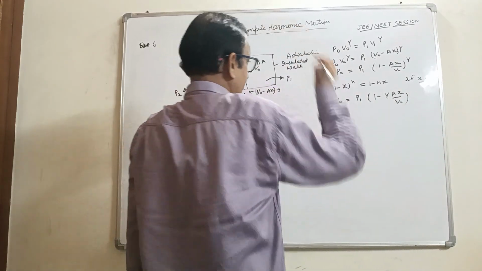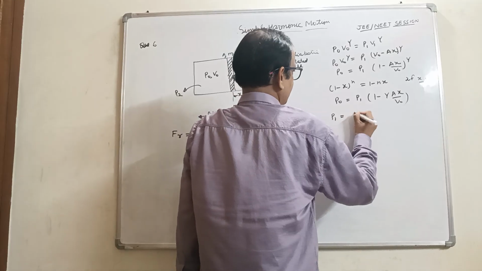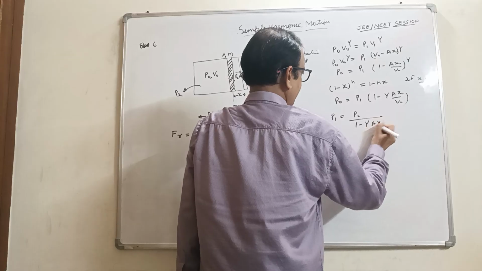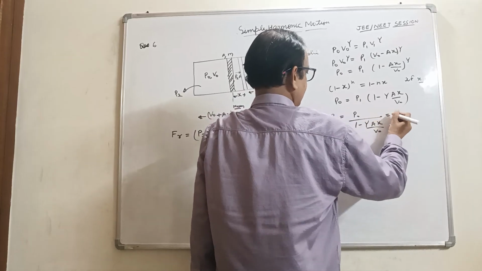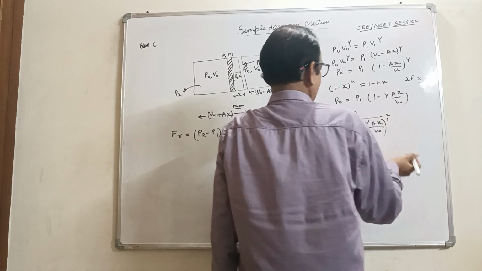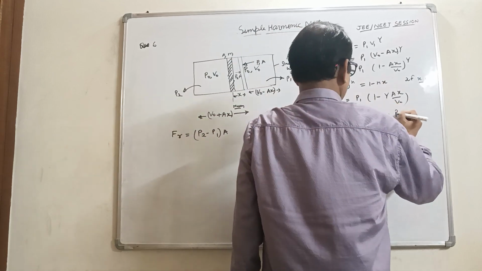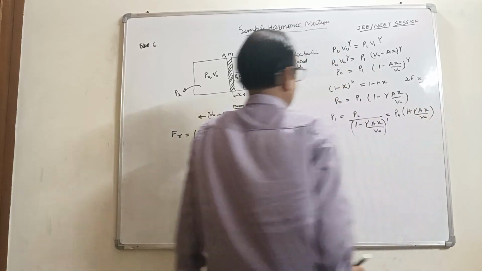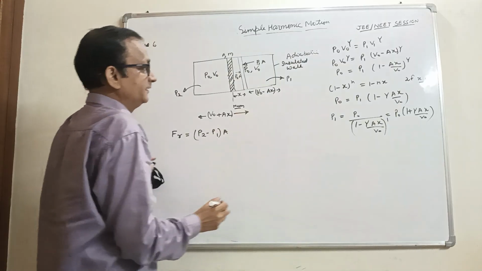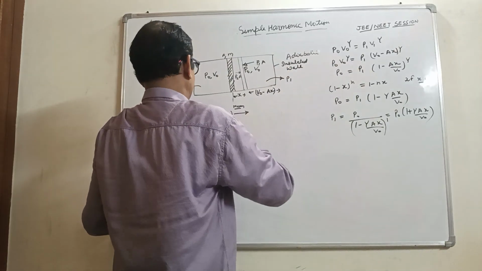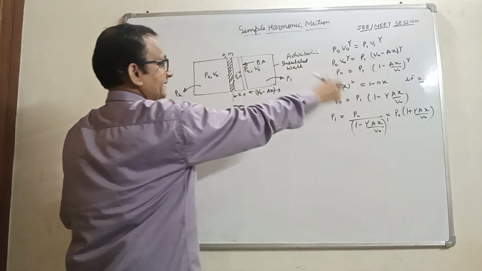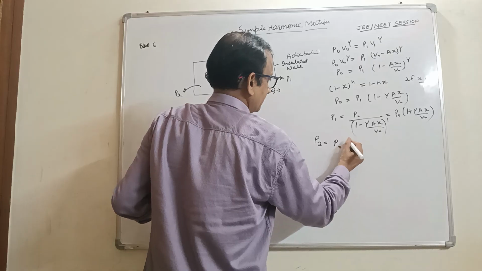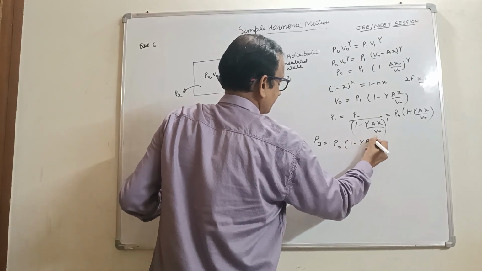So what would be P1? P1 would be P naught times 1 minus gamma Ax upon V naught, shifted upward, so it is raised to the power minus 1. So this becomes P naught times 1 plus gamma Ax upon V naught. Similarly, we find P2 by putting this value here. This would be P naught times 1 minus gamma Ax upon V naught.